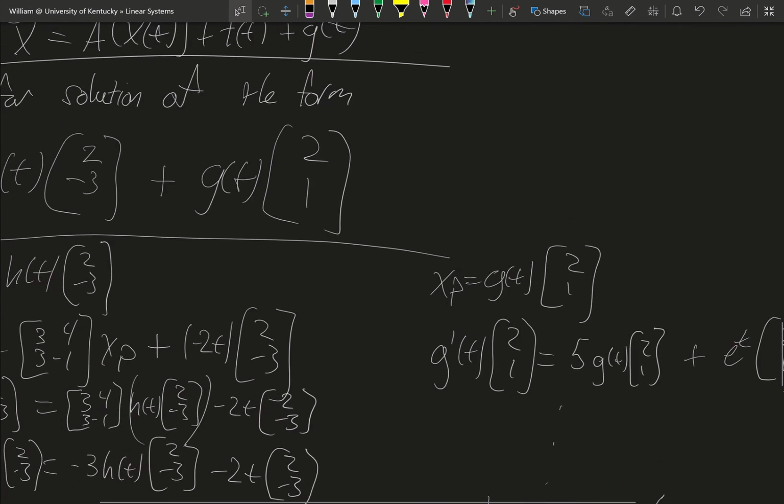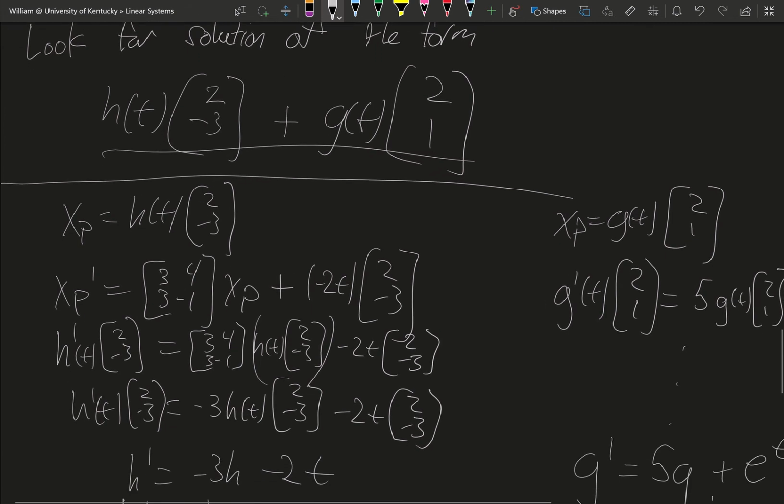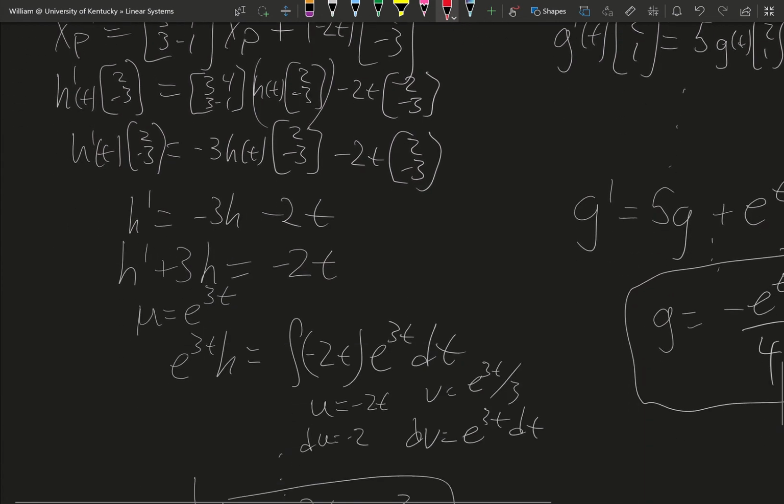Reminding ourselves the form of our solution. So remember, this is our particular solution, but we can go ahead and write down the general form.